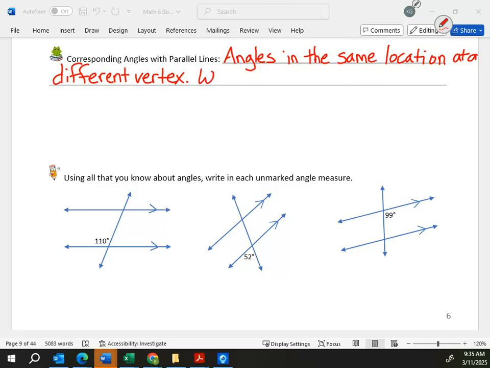When lines are parallel, corresponding angles are congruent.